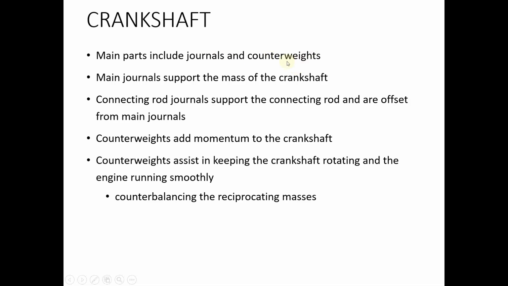The counterweights are used to balance the rotational motion and the unbalanced forces. Main journals, as I mentioned, support the mass of the crankshaft, and the connecting rod journals support the connecting rod and are offset from the main journals. Counterweights add momentum to the crankshaft and help the engine to run smoothly.